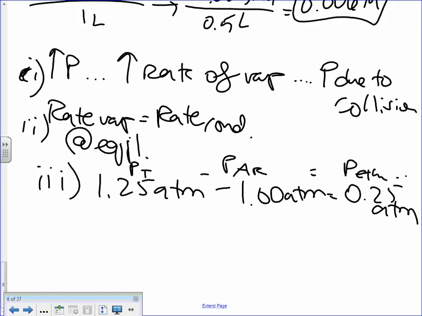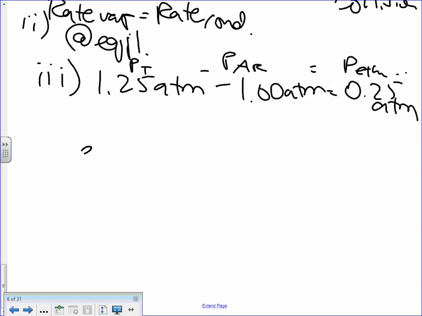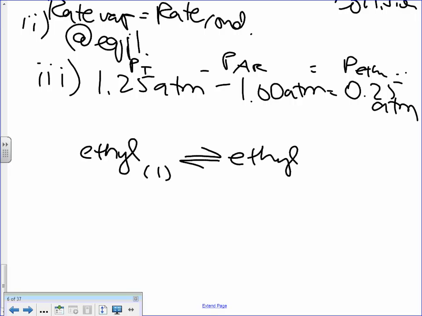But I'm adding pure liquid. Does it cause a shift in equilibrium? Because this is a reaction like what? Ethyl methanoate liquid equilibrates to ethyl methanoate gas. If I increase the liquid, does it cause a shift? No. Stick with your first answer.